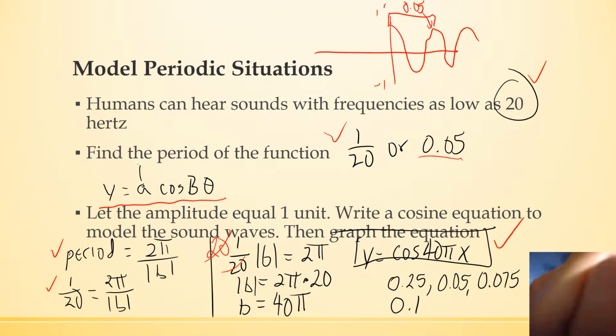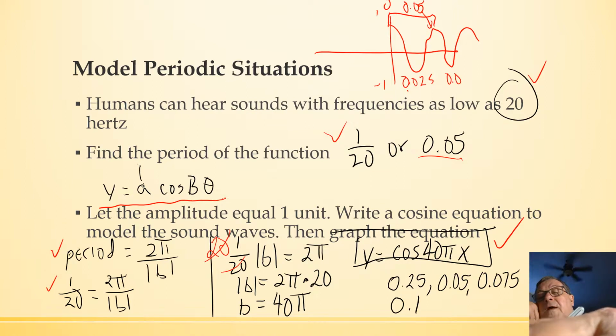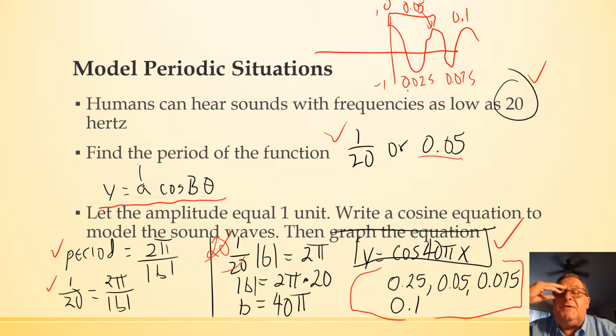This would be 0. Half of that would be 0.025, and then we'd have 0.075, and then up here we'd have 1/10, 0.10. And so here's the scale that I would want to see, and that would actually show me 2 full periods on this cosine function, which is y equals cosine of 40 pi x.